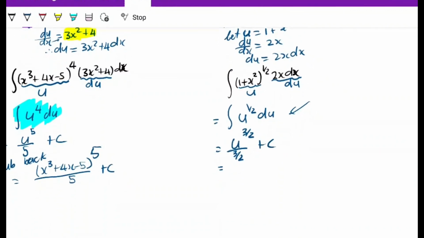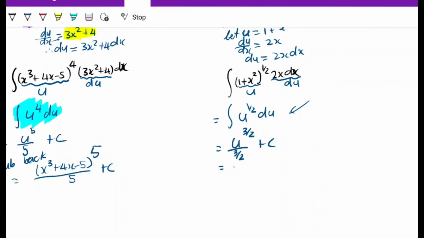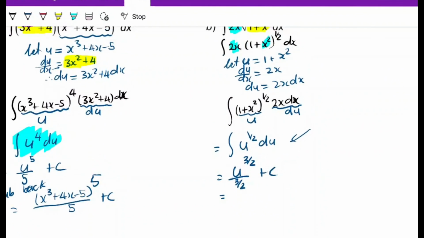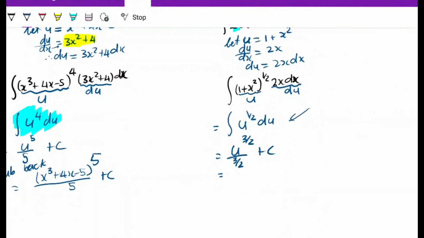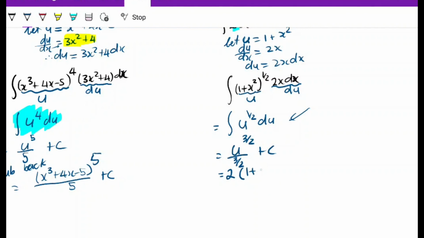Then we sub back what u was. If you recall at the top, our u was 1 plus x^2. So this becomes 2 times (1 + x^2) to the 3 over 2, everything over 3, plus c. And that is the u substitution.